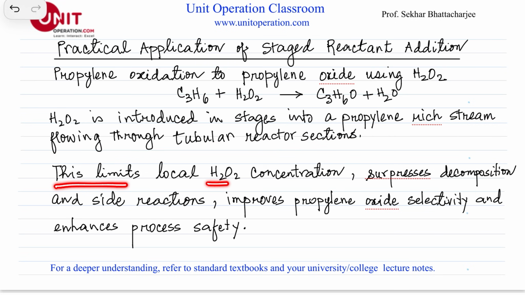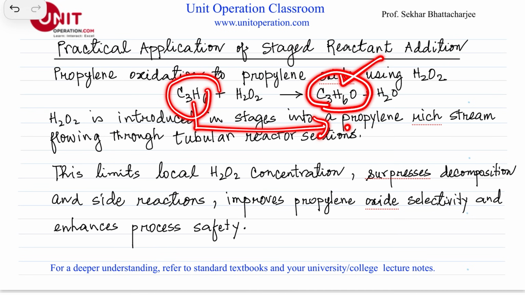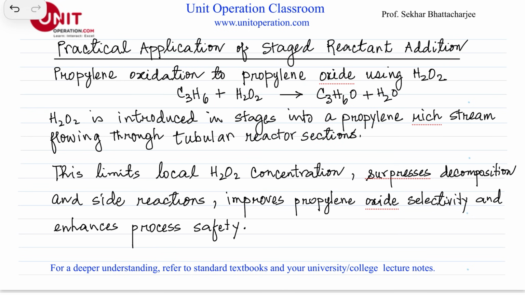This limits the local hydrogen peroxide concentration, suppresses decomposition of hydrogen peroxide, which easily decomposes, and suppresses side reactions giving other oxidation products. We don't want that. We want this particular one, that is propylene oxide. It improves propylene oxide selectivity and enhances process safety.